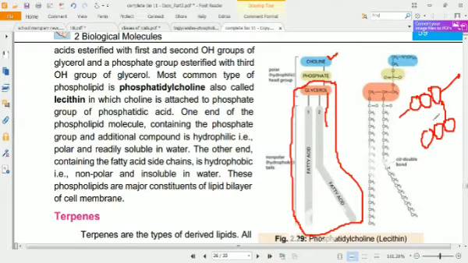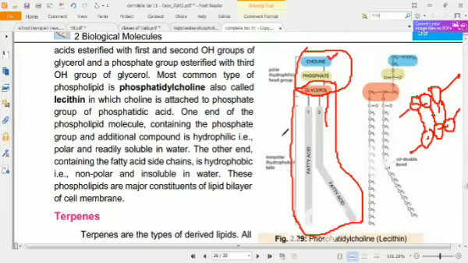There are two parts of phospholipids: this is known as the head, and this is the tail, because these are long fatty acid chains. Here the head, and here also the head, and in the center the tails point towards one another. This is the structure of the fluid mosaic model of the cell membrane, where a lipid bilayer is present.